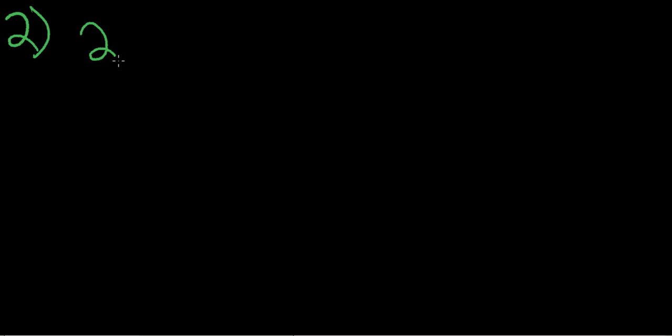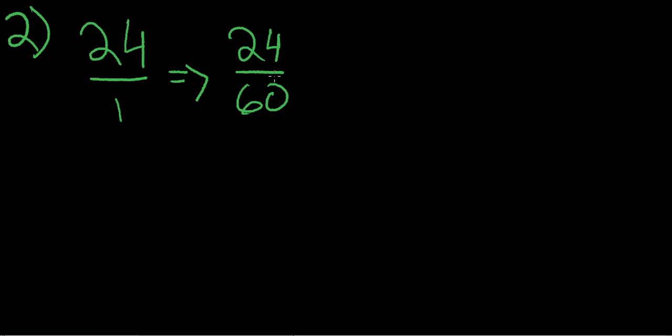So 24 is to 1 as well. The problem is this won't work. Why? Because the question asks, at this rate, how many cartons can the machine fill in 5 minutes? So we need to transform the hour into minutes. So our proportion is going to be 24 is to 60. 24 cartons in 60 minutes.